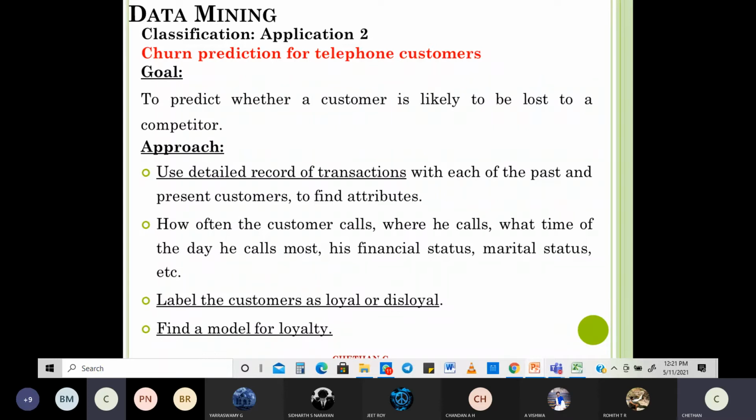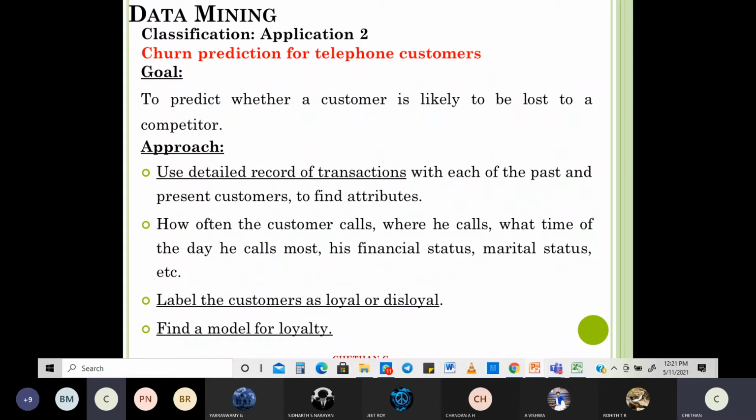Then you figure out whether a particular customer is very loyal or not. Then you find a model for his loyalty. Then suppose you send a message for switching from one telephone operator to another, say from Airtel to Jio. Suddenly there'll be a callback from the Airtel guys asking why you are doing this.